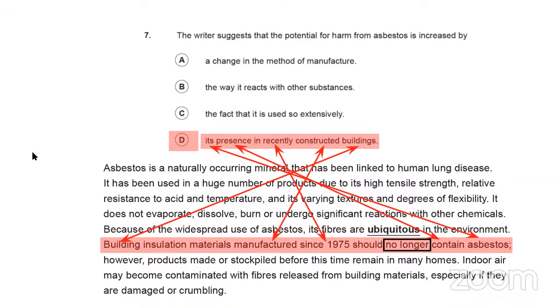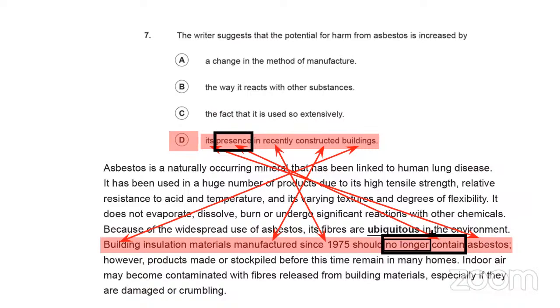Now, what is contraindication? It's giving a contraindication. Here he's telling that it is present, but he's telling no longer present means absent. No longer contain means absent. So the words may be in a different way. The positive sentence presence and the negative sentence no longer present. First thing is you are trapped here because the word present is not there.